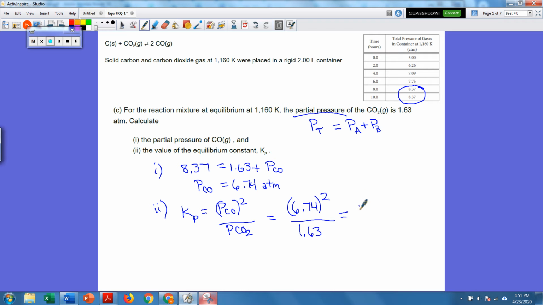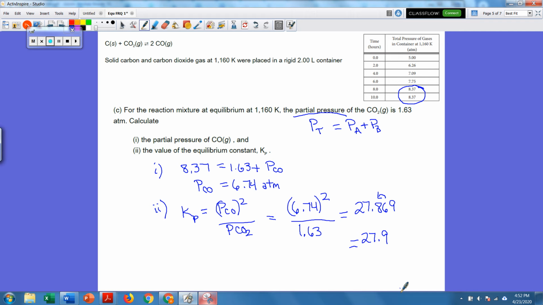And if we do that calculation, that's going to be 27.869, etc. And again, we need to look at the numbers that we have, and we have 3 significant digits. So we're going to take a look at our 4th digit, and that is higher than 5. So we're going to call this 27.9.